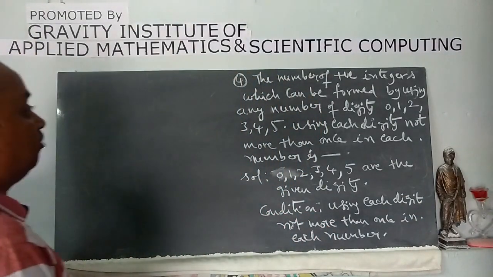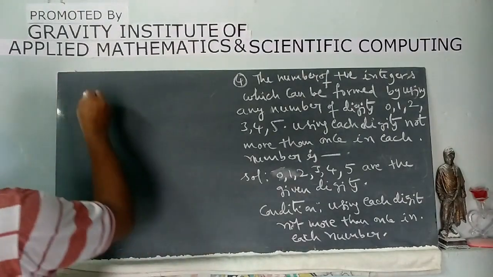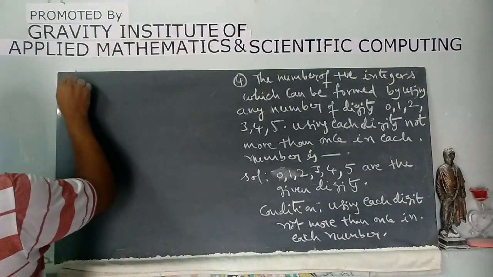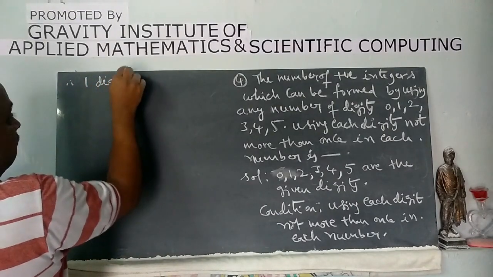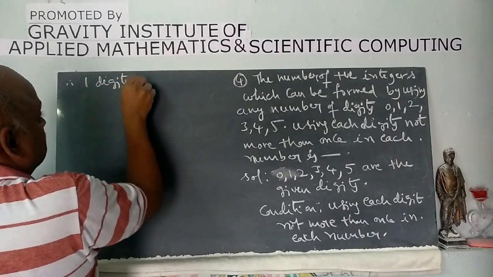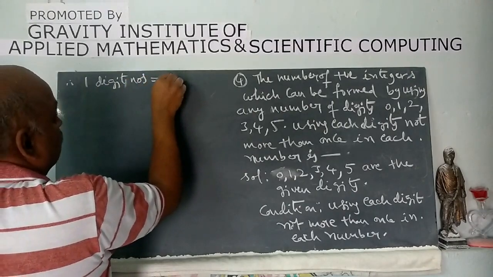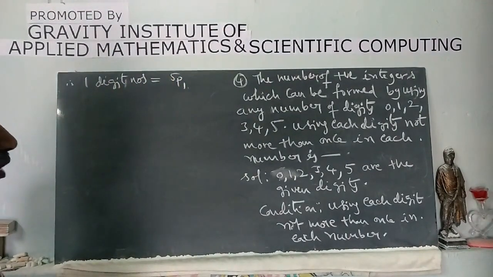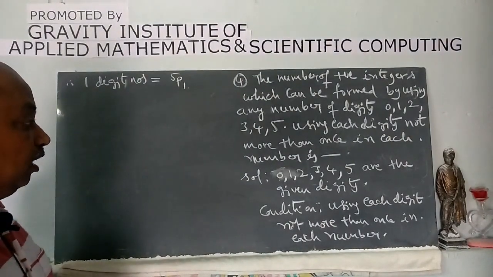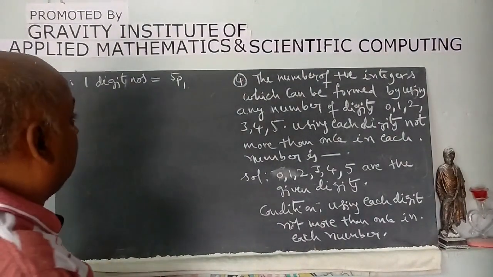So we can form one digit numbers. Therefore, one digit numbers is equal to 5p1, so excluding 0, 5p1.